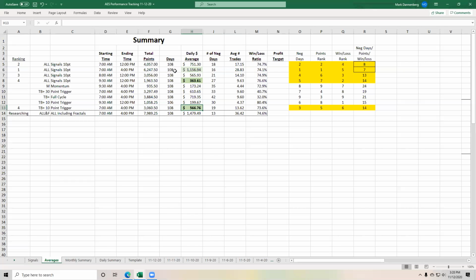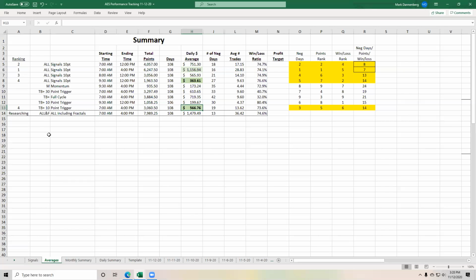But the more data you build, and we're all data oriented, this is all science of the adaptive entry system signals and math of our forecast. The more data you build, the more solid the forecast is going forward, and the look back is a solid number for you to rely on.